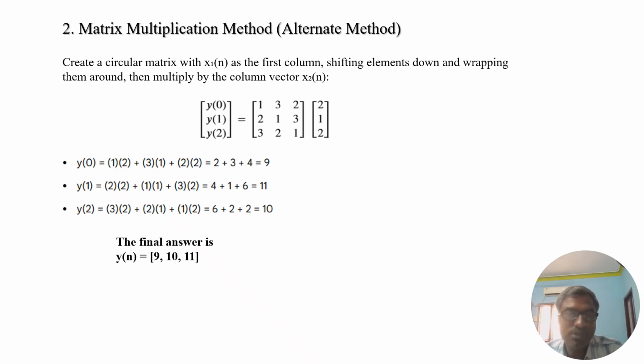Similarly, y of 1 can be obtained by 2 into 2 plus 1 into 1 plus 3 into 2, which yields the result of 11. Similarly, y of 2 can be obtained by 3 into 2 plus 2 into 1 plus 1 into 2 equal to 10. Similarly, the final answer we get is 9, 10, 11, which is very similar to what we obtained in the last method.